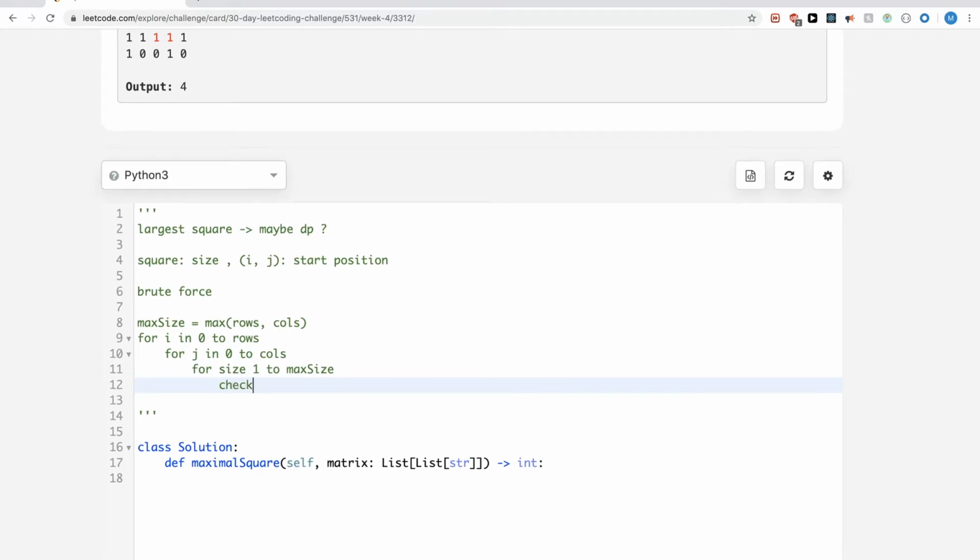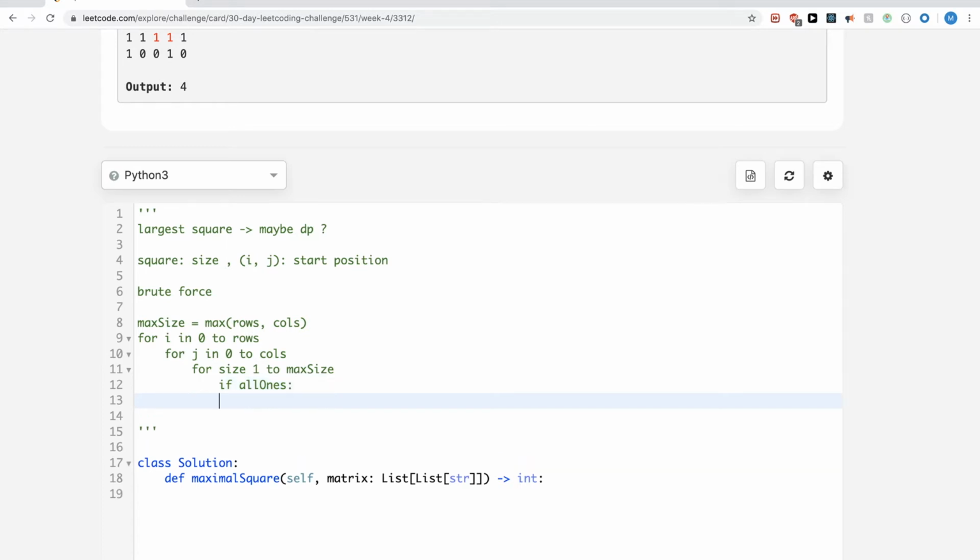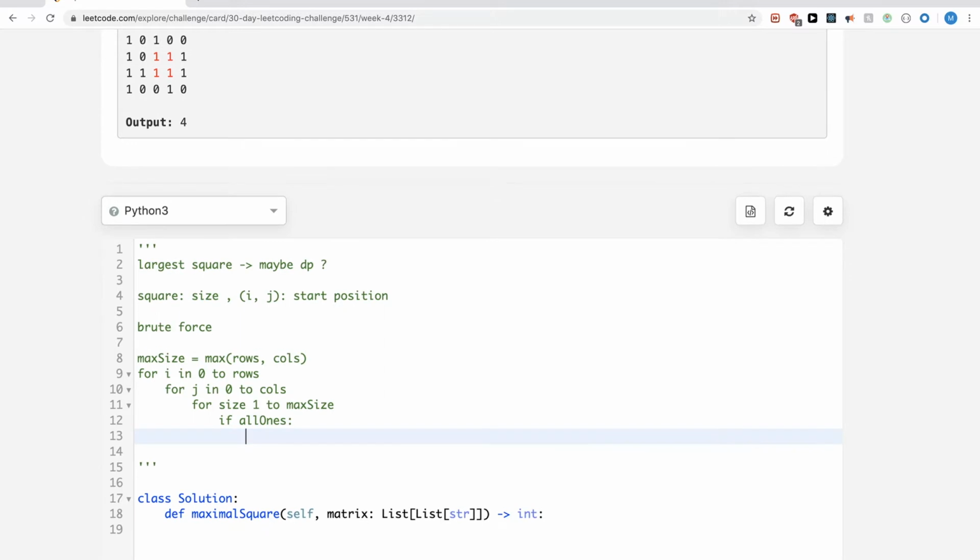And after that we could check if all ones, right? So if all ones in that square, then we should take the size, what would be the number of ones, what would be the area, right?